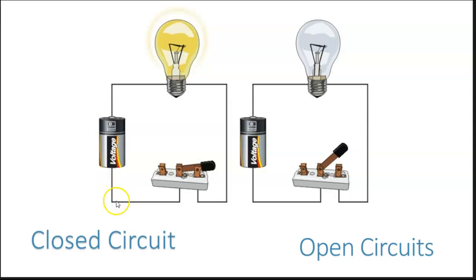It leaves your battery from the negative end, comes up to the switch, it's closed, so the electrons can transfer through here, up and over, through the light bulb, which is our resistor, back to our battery, which has a positive charge. So our negatively charged electrons are moving towards our positive end. This is a closed circuit. When we turn our light switch on, we actually are closing our circuit.